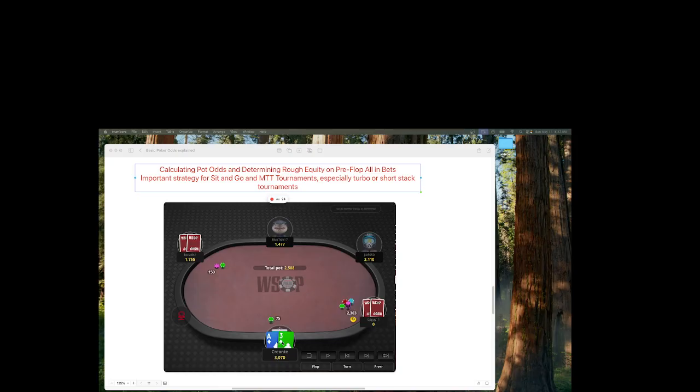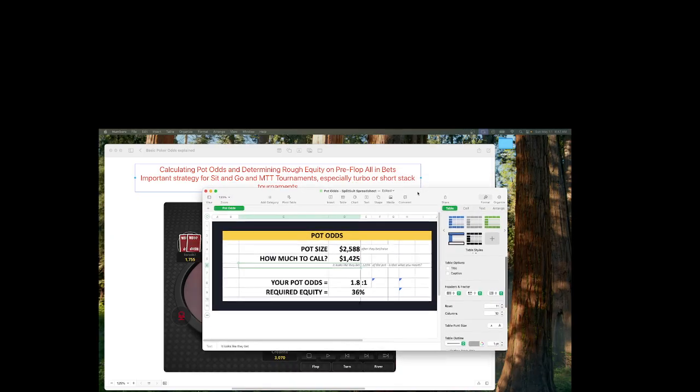If this guy was only shoving for, let's say 1500, so I had to call off about 1425, it'd be closer to 1.5 to 1 because 14 goes into 25 a little bit more, but probably about 1.6 to 1. And I'm just checking to see how close I am. It's actually a little off, so 1.8 to 1.